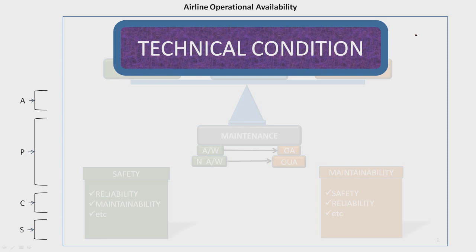Everything is okay. So the mechanic comes, let's say 12:20, and then signs release to service. So based on available information, everything is okay. So we don't have any technical problem. Now aircraft is going to take off at 12:50. We put here 12:50.